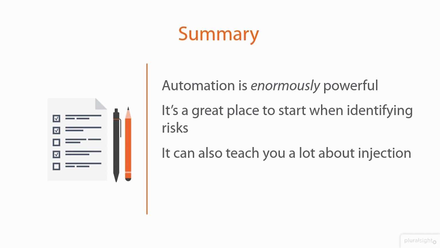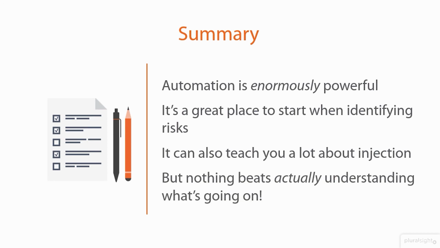But the final thing I'll say about automation, and indeed about this entire course, is that nothing beats actually understanding what's going on. Clearly, it's very easy to use tools like this, especially ones like Havij, to just point them at a website and let them fire away. And as I said in this module, there's no shortage of children going out there and running them against live websites.